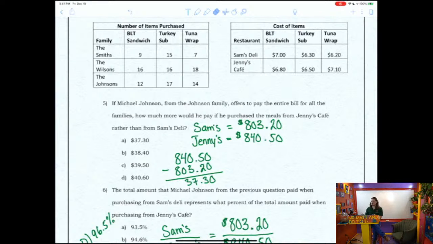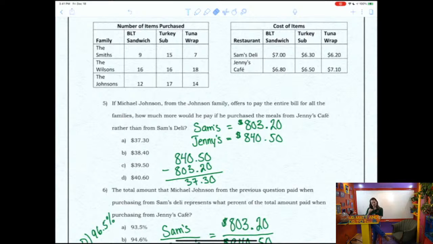So when I was calculating Sam's Deli, for instance, I just typed straight into my calculator 9 BLTs, or so just 9 times 7 plus 15 times 6.3 plus 7 times 6.2 plus 16 times 7 plus 16 times 6.3 plus 18 times 6.2 plus 12 times 7 plus 17 times 6.3 plus 14 times 6.2.